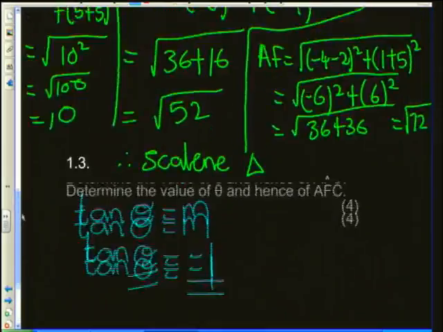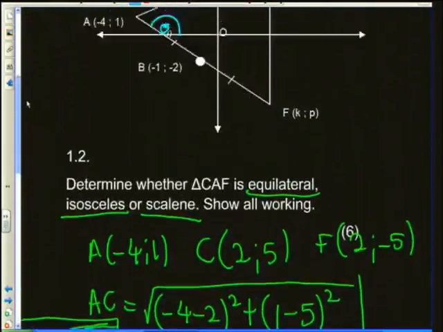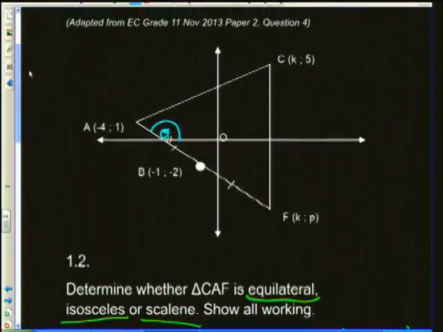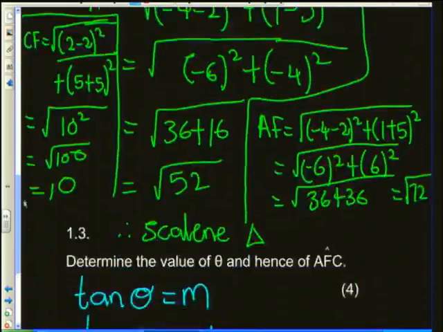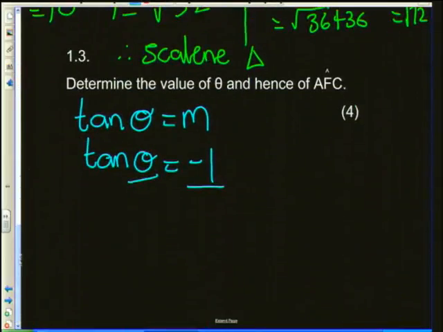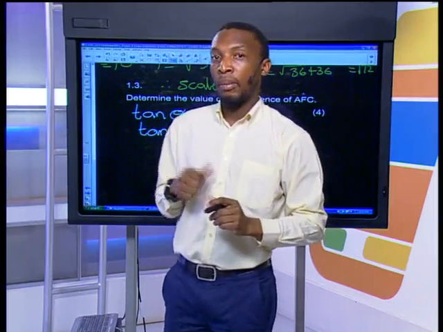Did we use the correct value of the gradient there? -1, yes, it is. All right, so if that's the case, it means that my theta then is equal to -45 degrees.